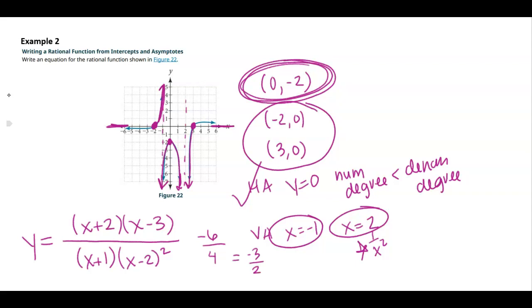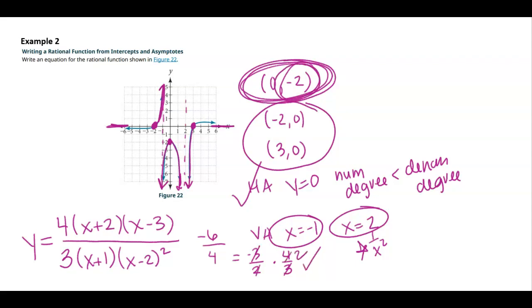What that tells me is I must have a 3 down here and a 4 up here. Let's see, if I multiply that by 4/3, will I get -2? 3's cancel, yes. 2's cancel, yes.